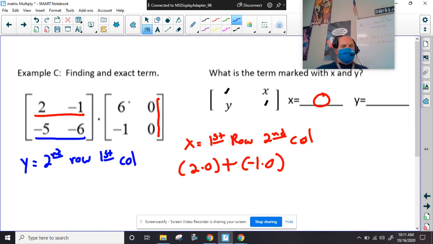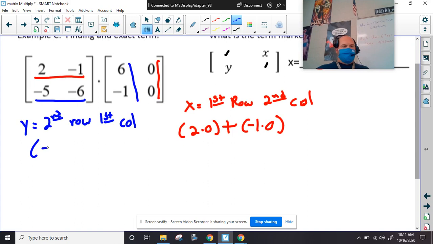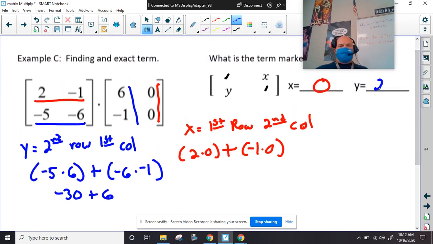So that's these things right here. So we're going to have -5 times 6 plus -6 times -1. Well, that's -30. That's 6. And that would give us 24.